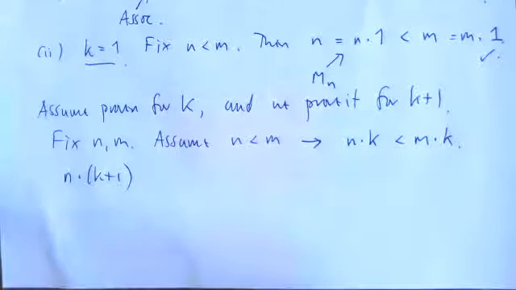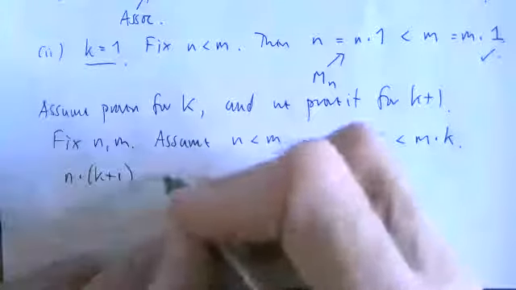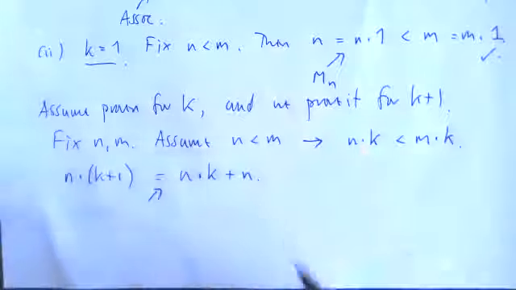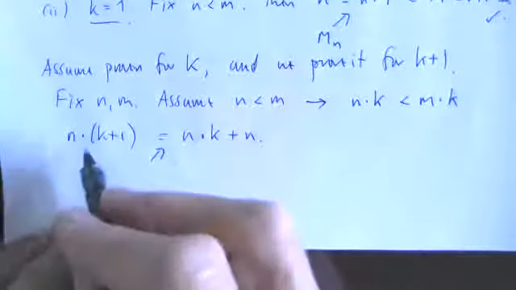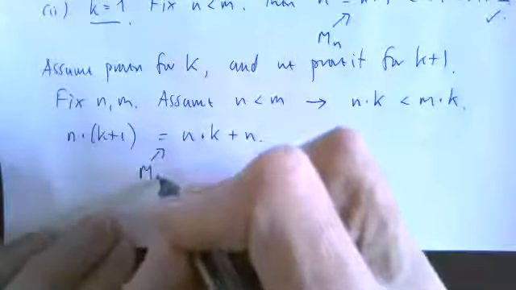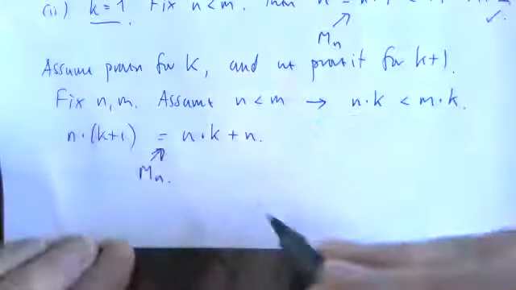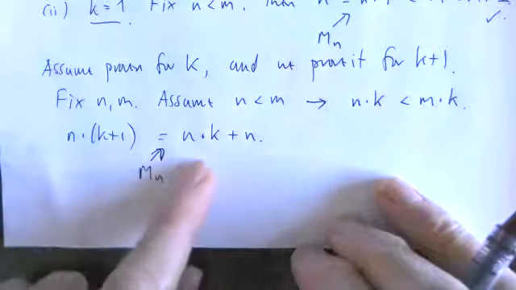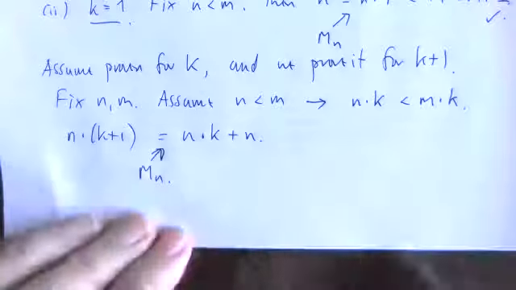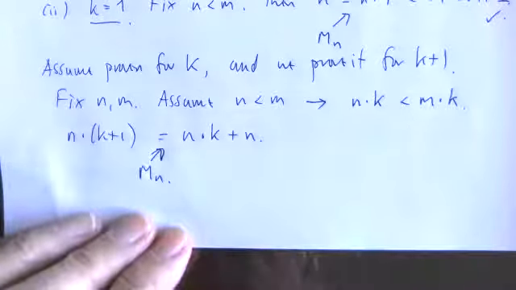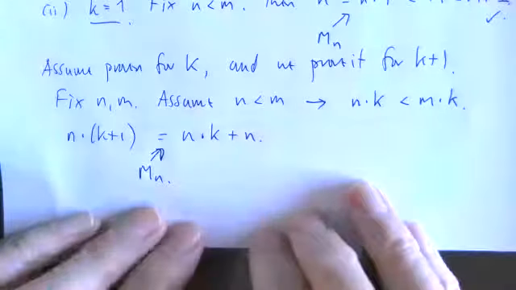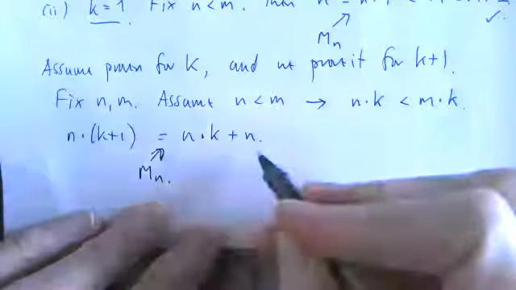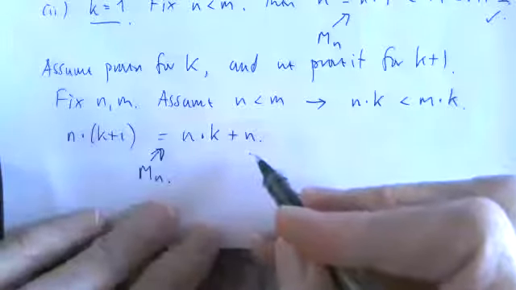So n times k plus 1, this is n times k plus n. Now this is by the definition of multiplication. n times the successor of something is n times the previous thing plus n. Okay, so let's see, what should we say next?